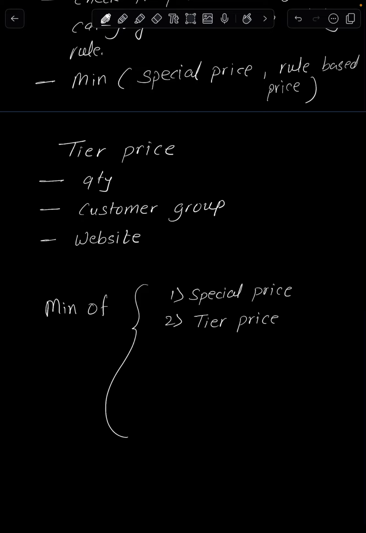This is super complicated because now if I have tier pricing and I'm going to calculate this on the fly, this will be very costly and wasteful of CPU cycles, because on every single refresh the result's not going to change, right? Then third is catalog rules, rule based price. Minimum of these 3, and of course the regular price.